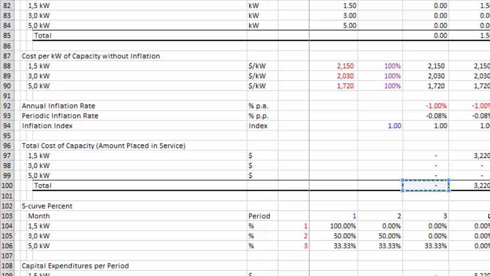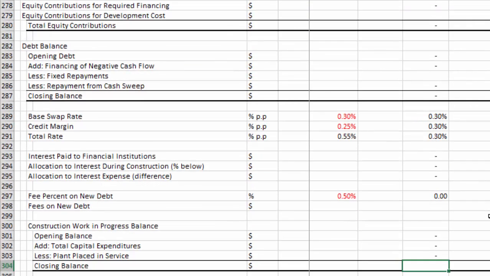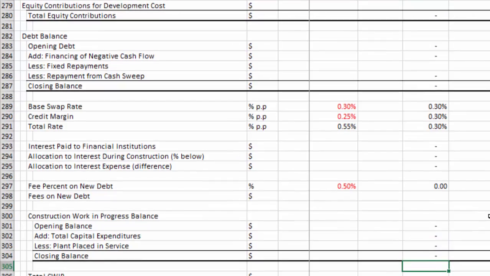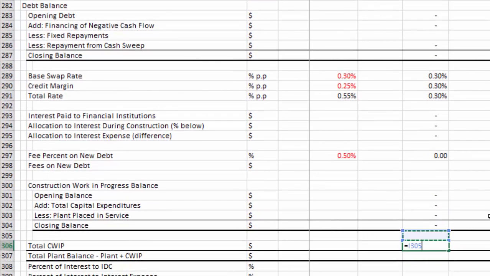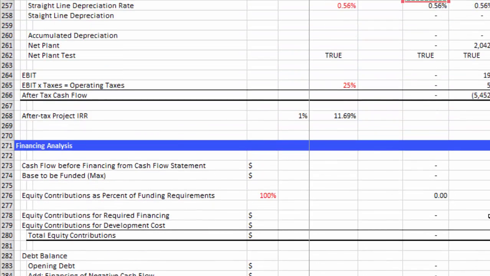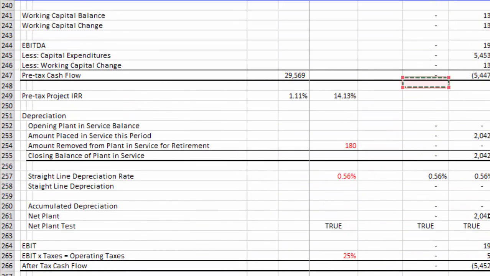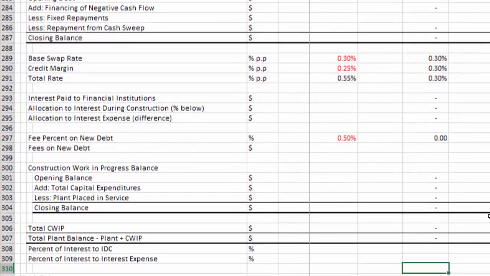Okay, that happens after the CapEx. And then we have this minus the thing. The total construction work in progress is here, and then the total plant balance is this construction work in progress plus the amount that we placed in service. We just did in the last section.